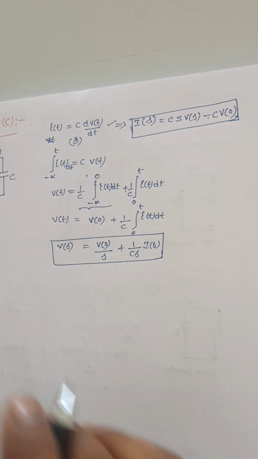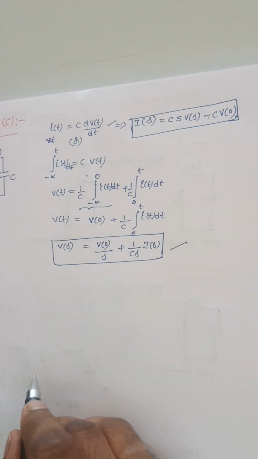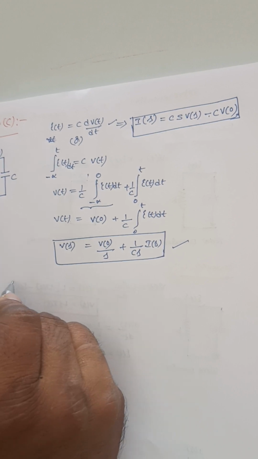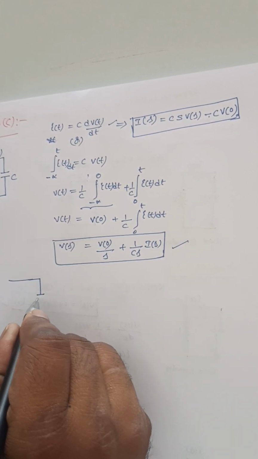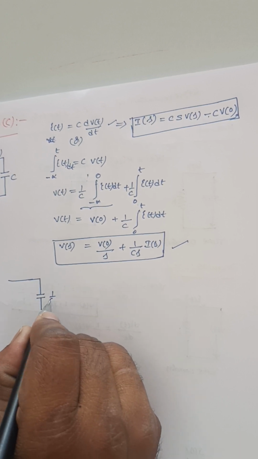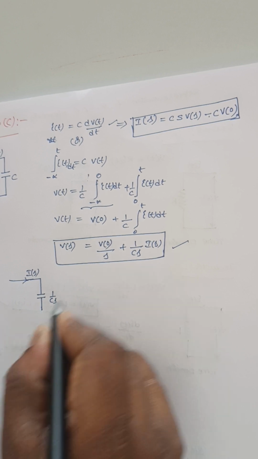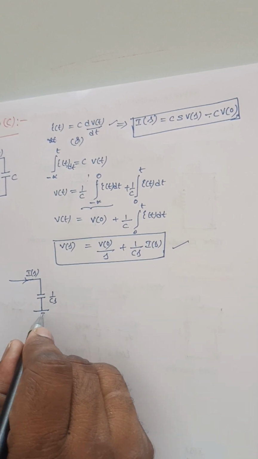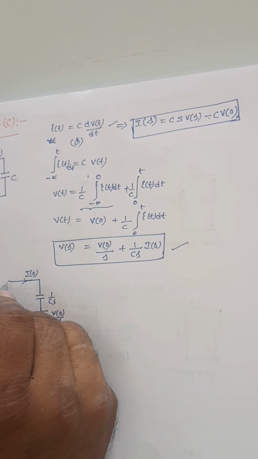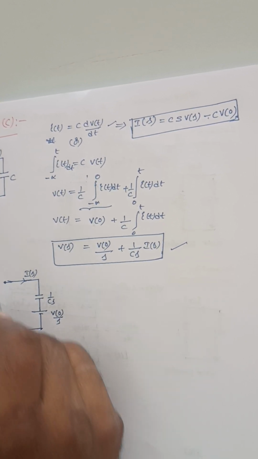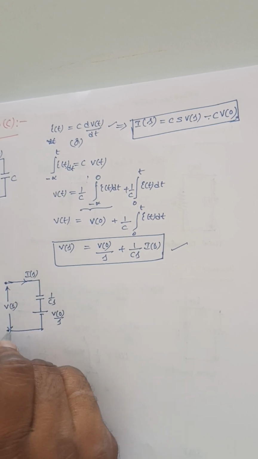Now if I use this expression, the capacitor is 1 by Cs, the current flowing through it is I of s, and in series there is a voltage source, plus and minus, of V of 0 by s. The voltage across this combination is V of s.